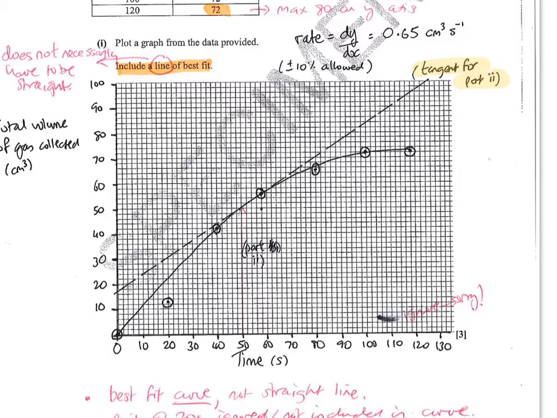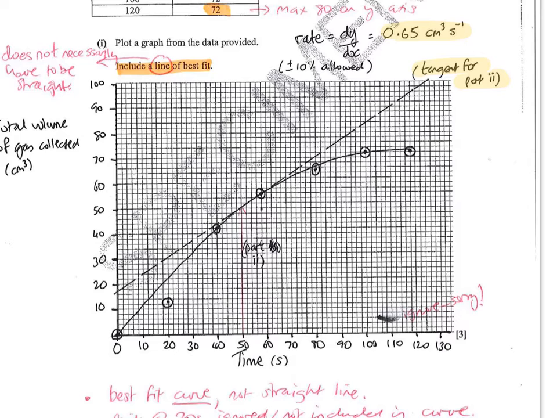So in this one, going back to the graph, you can see that I've actually physically drawn the tangent for part II. So the tangent allows us to work out dy over dx, and that gives us 0.65 centimetres cubed per second, cm³ s⁻¹, as your rate of reaction.